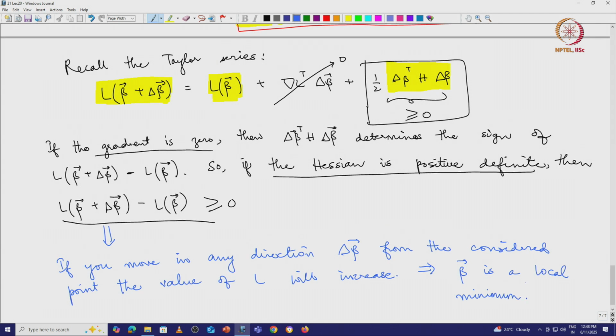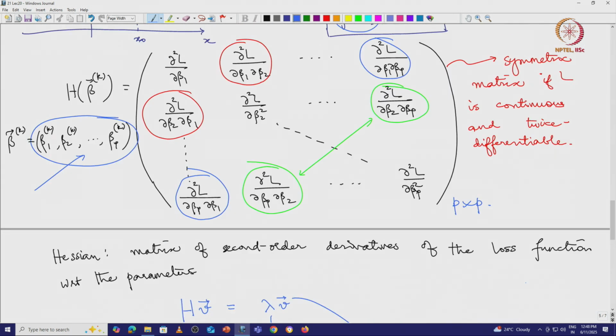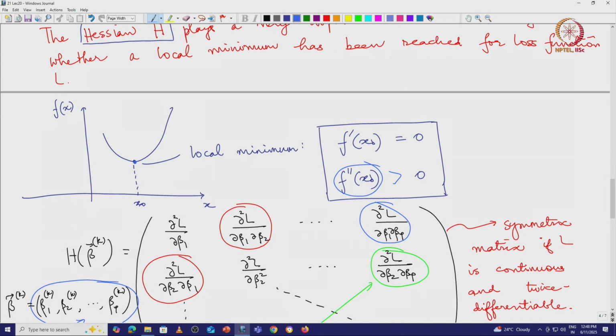You can see this in action even in a simple 1D case. At the local minimum, if you move to the left or you move to the right, the value of the function always increases. So, that is why the second order test has to be positive.